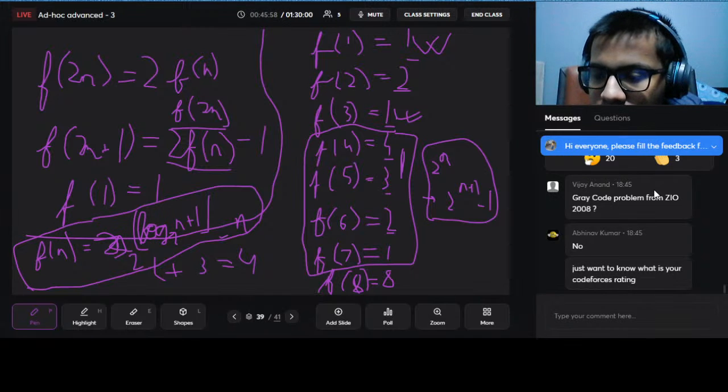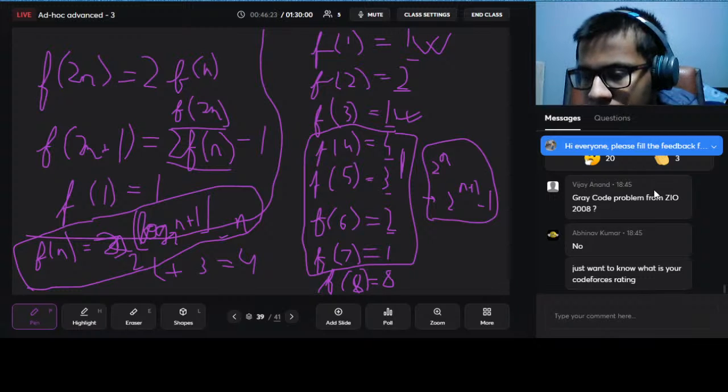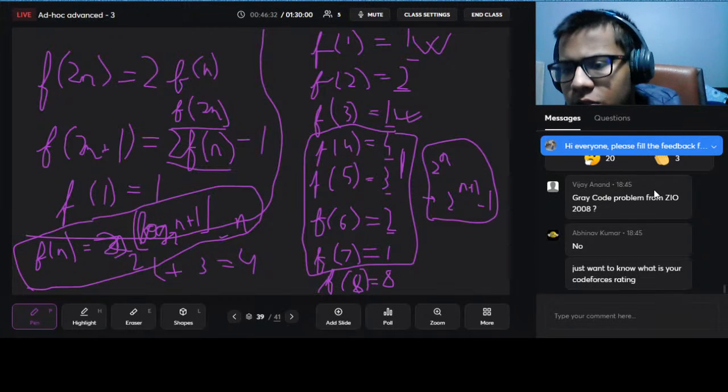Again, I've never coded on Codeforces, and I don't even know how the rating system works. I don't know how Codeforces rating systems work and what a rating is. Stable matching problem is not really relevant here. You can ignore it for now.